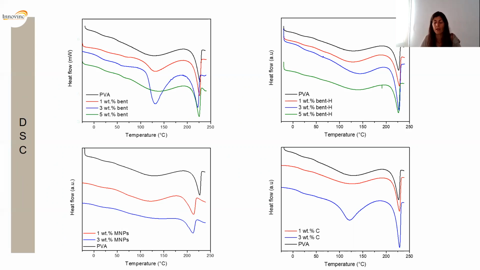When we have a good filler-PVA interaction and higher filler contents, the PVA chain mobility is reduced, and this is the effect seen in the thermal properties.